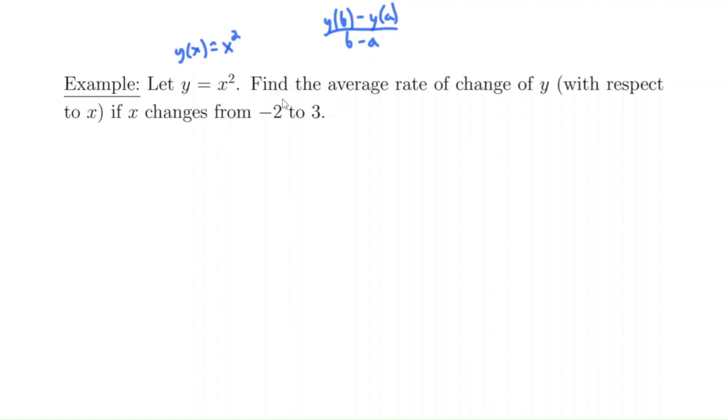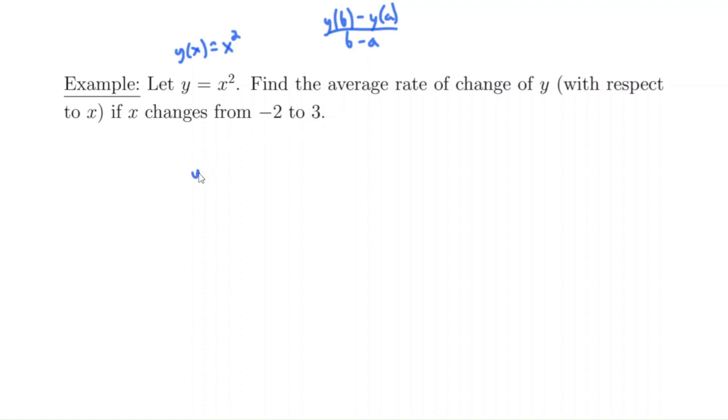But then also the question could be worded a little bit differently like this. Find the average rate of change of y with respect to x if x changes from -2 to 3. Well, before we were saying between x equals -2 and x equals 3, but you could say find the average rate of change of y if x changes from -2 to 3. So how could we do this? Well, what we need to do is find the y value when x is -2 and find the y value when x is 3.